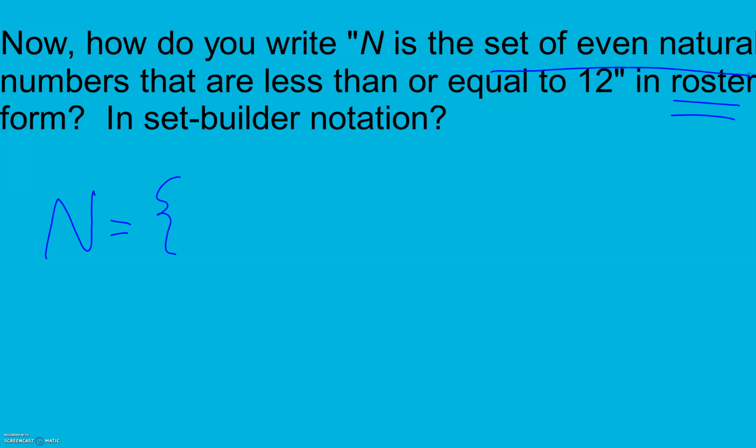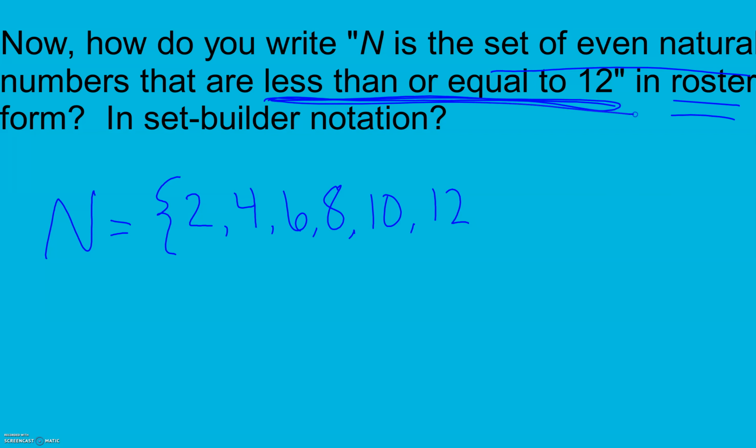Natural numbers start at 1, that's not even. 2 is, 3 is not, 4 is, 5 is not, 6 is, 7 is not, 8 is, 9 is not, 10 is, 11 is not, 12 is, and we stop there because we want less than or equal to 12. Curly bracket to show that it ends.